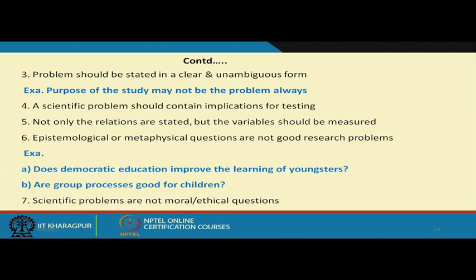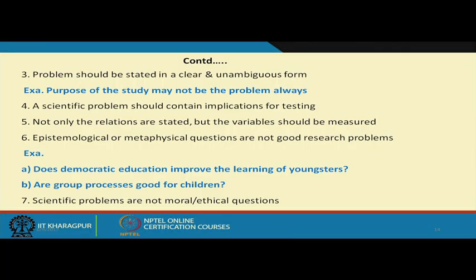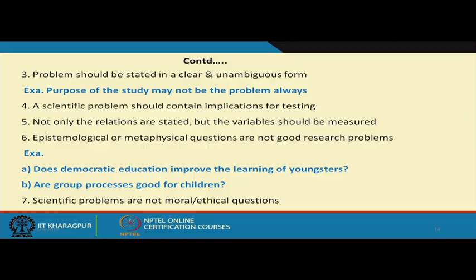It is a philosophical, epistemological question, but how do we verify it, examine it, explain it, justify it, validate it? Democratic education is such a topic that cannot be easily measured. Can our variable, democratic education, really be measurable? Again, improving the learning of youngsters.